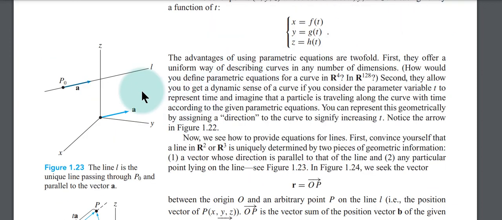So let's go back to this picture. And we're going to define a line that is parallel to this vector. So if I wanted to define a line that is this vector and all of its extensions, both forward and backward, what could I say?